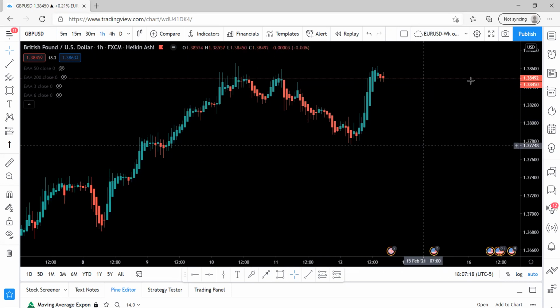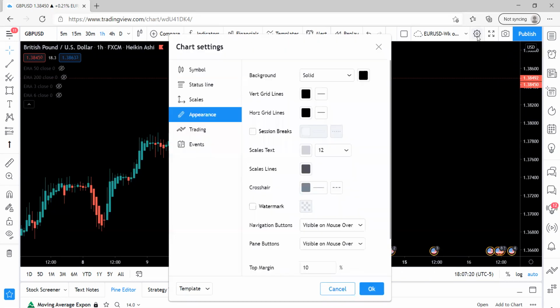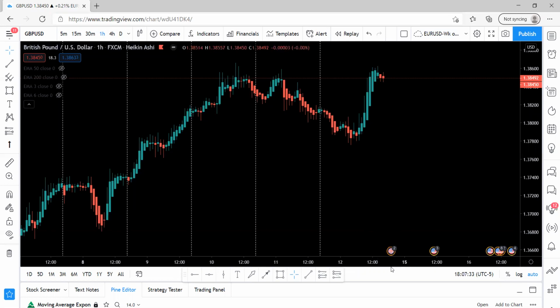Once you do that, you want to go to the chart properties and put on your session breaks. If you go to chart settings and go under appearance, you want to click for session breaks and click OK. This basically divides the candles between days. Each candle between these white dotted lines is 24 candles, which represents one day. That's why I do it this way for the 1 hour time frame, because it breaks it down pretty clearly for you.